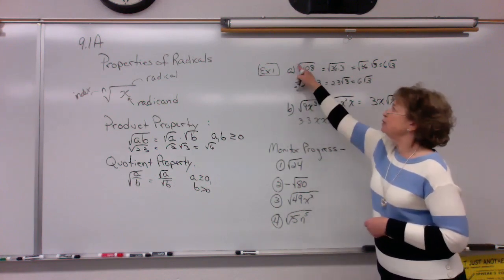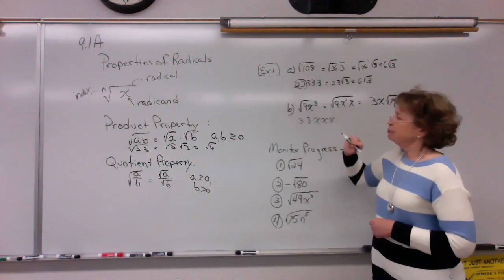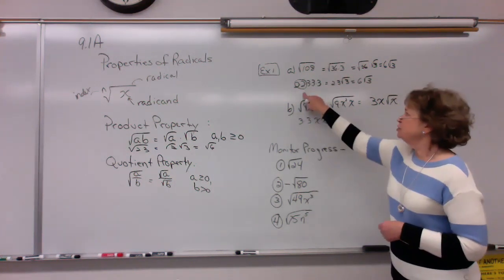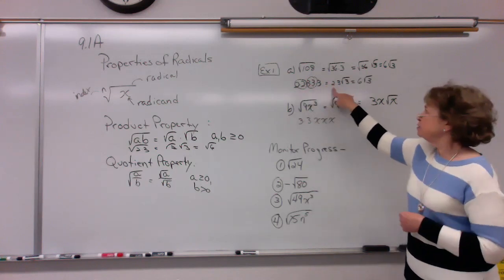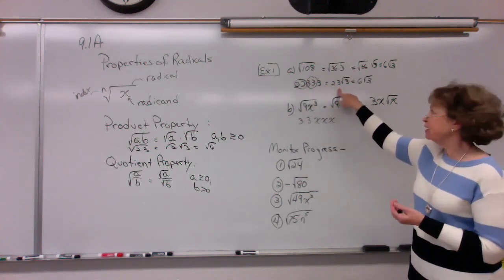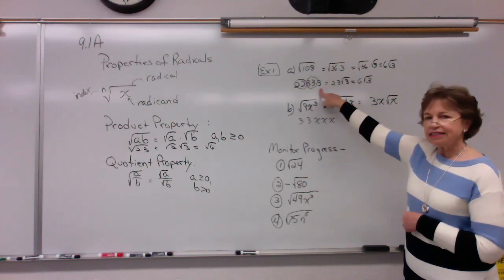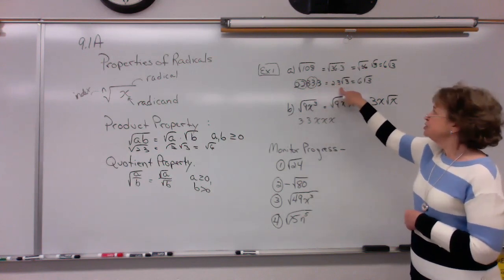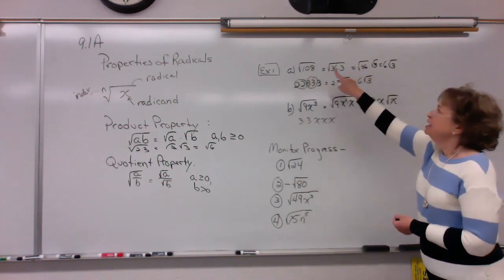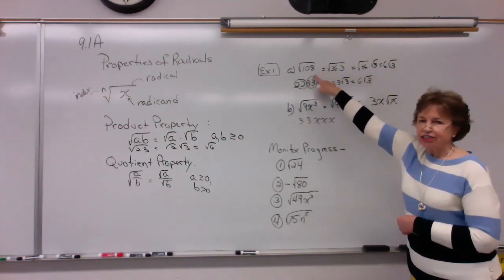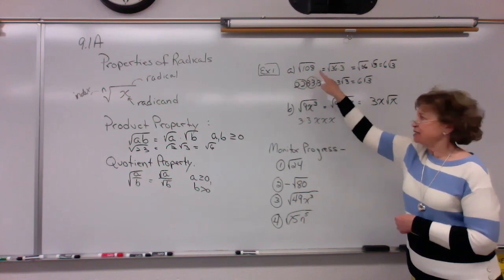So this is a square root, so that means I'm looking for groups of 2. So 2 2s and 2 3s means that I can take out of that radical a 2 and a 3 because I have a pair of each of those. And I have a 3 that's left behind. So it was 2 times 3 times the square root of 3, which is 6 root 3. If you can think of those perfect square factors, that is definitely the fastest way to do it.